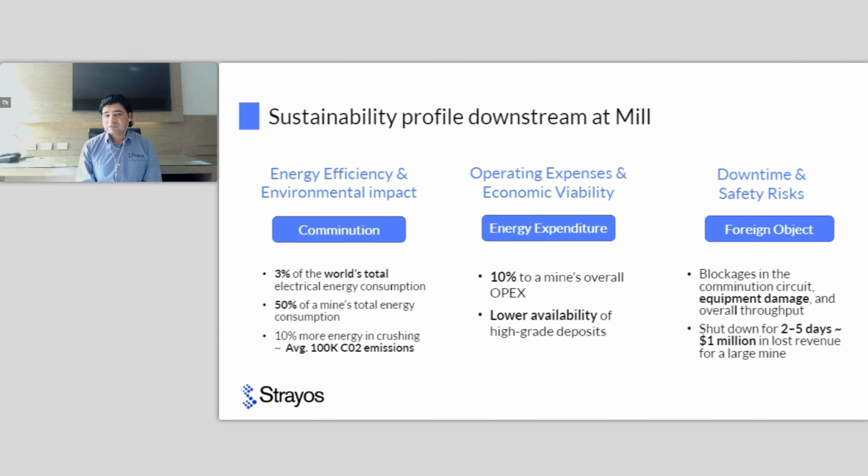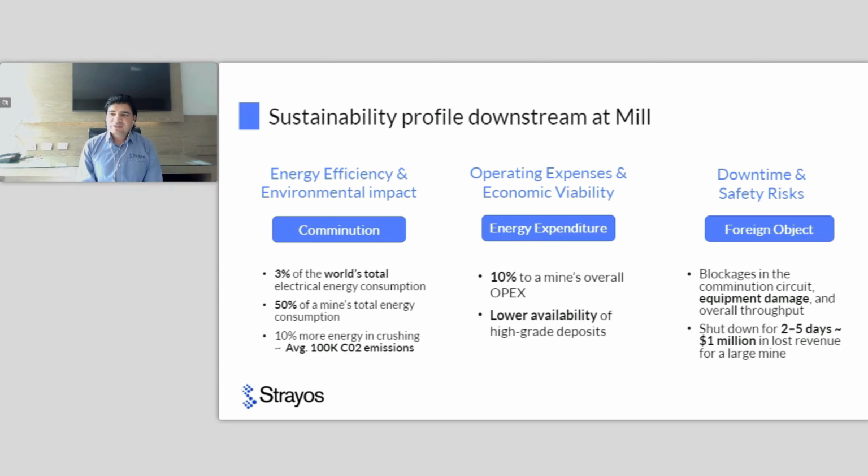And as we have seen, an average of 10% more energy is required in crushing, which is up to 100,000 tons of carbon emissions. Moreover, on operating expenses and economic viability, energy expenditure leads to almost 10% of the mine's overall expenditure here.